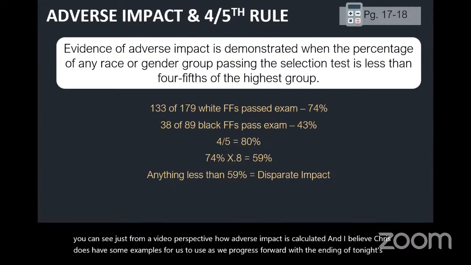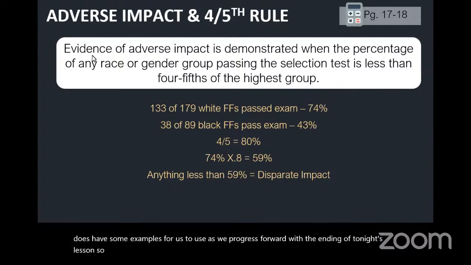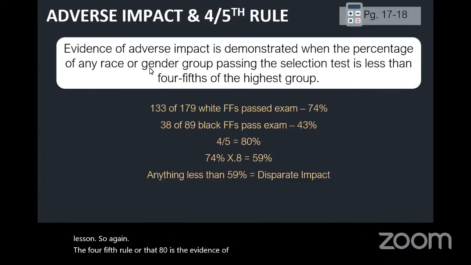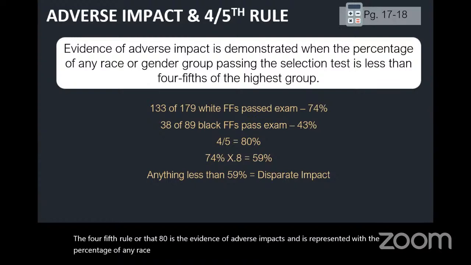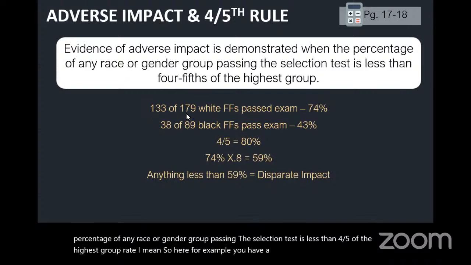So again, the 4/5 rule, or that 80%, is the evidence of adverse impact. It is represented when the percentage of any race or gender group passing the selection test is less than 4/5 of the highest group rate. For example, 133 of 179 white firefighters pass an exam.